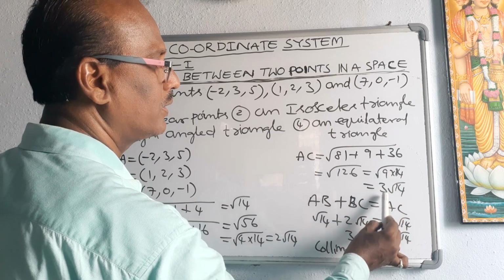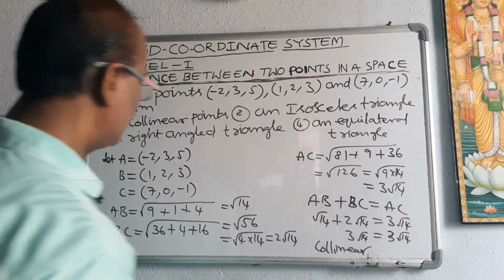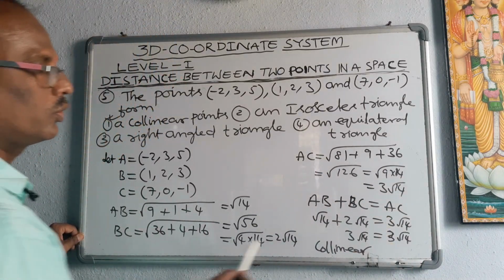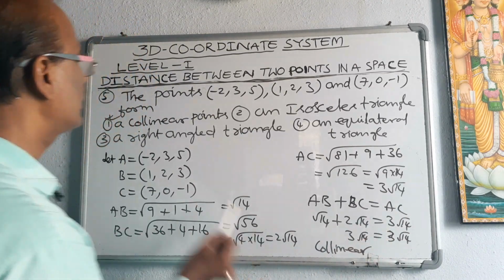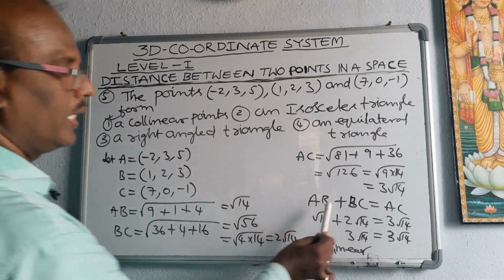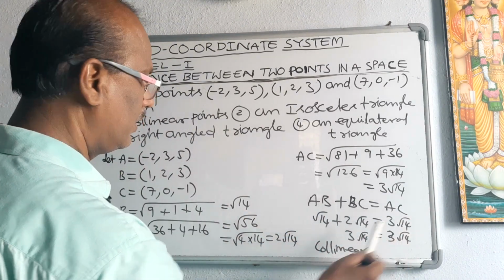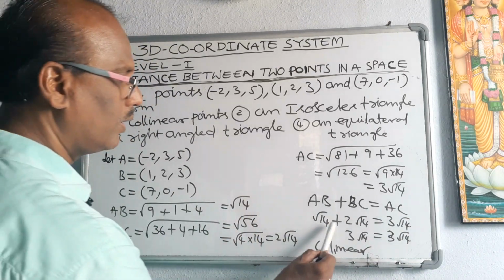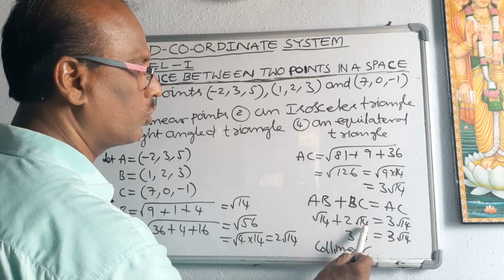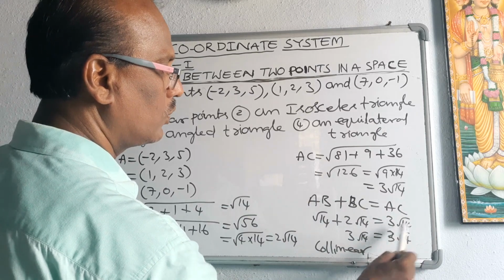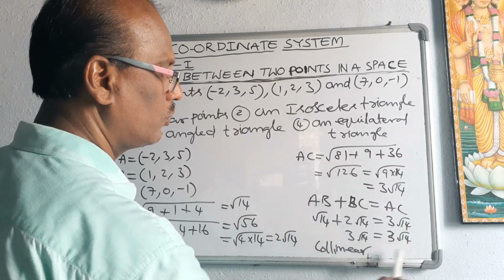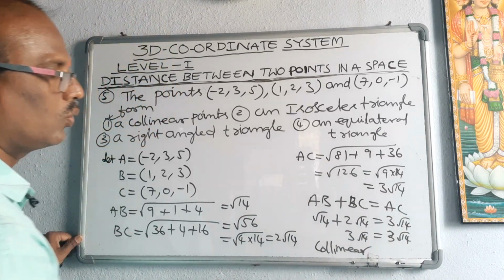Square root of 9 is 3, 3 root 14. Here the sum of two sides is equal to the third one, then the points are collinear. AB plus BC is equal to AC. Here AB distance is root 14 plus BC distance 2 root 14, AC distance 3 root 14. 3 root 14 is equal to 3 root 14. The given points are collinear.